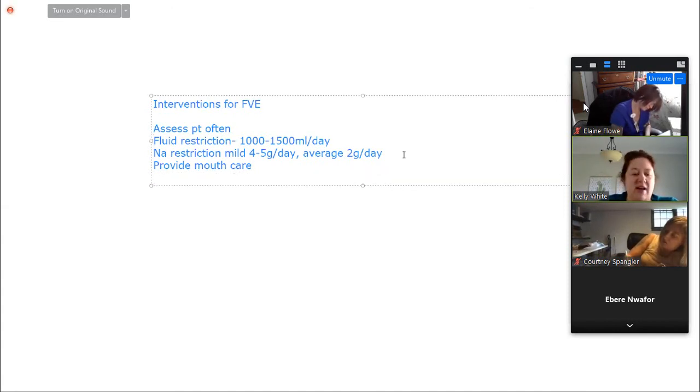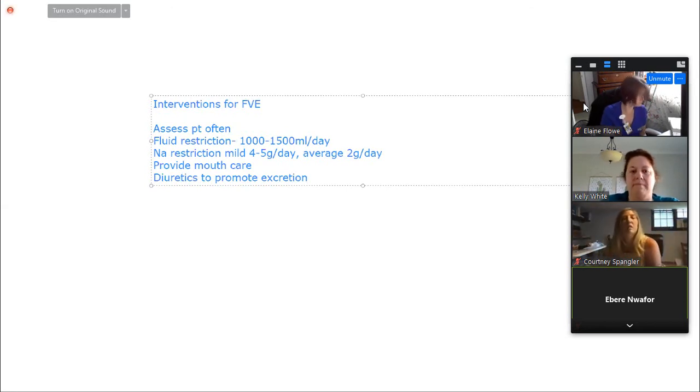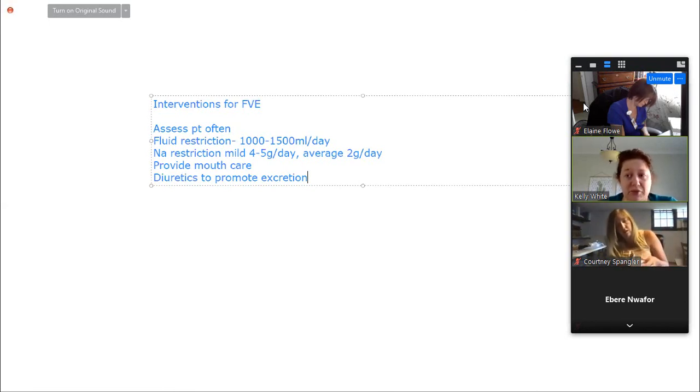And then we may also give these patients diuretics to help promote excretion. This is especially true in patients that have congestive heart failure. You're going to give them Lasix left and right to try and get them to excrete that fluid.